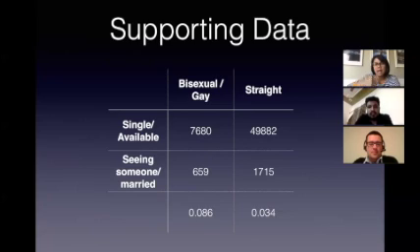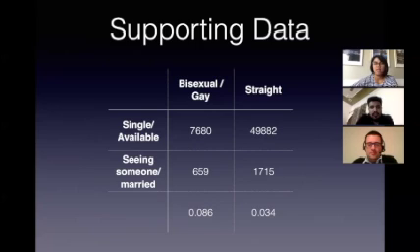As you can see, there are a lot more numbers in the single and available category in bisexual, gay, and straight. There's also a smaller number of someone seeing somebody or married in both the bisexual and gay community and in the straight community.